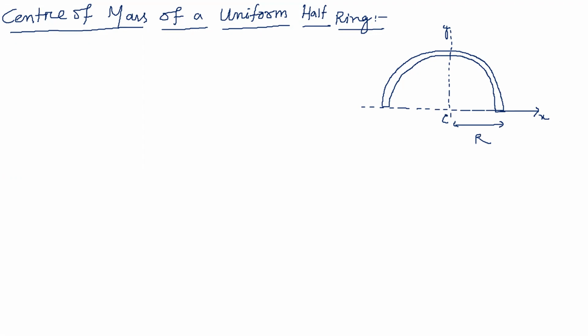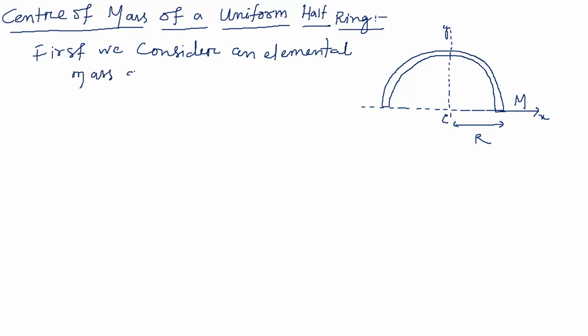Then first we consider an elemental mass dm on the ring. The total mass of the ring may be m. First we consider an elemental mass dm on the ring.